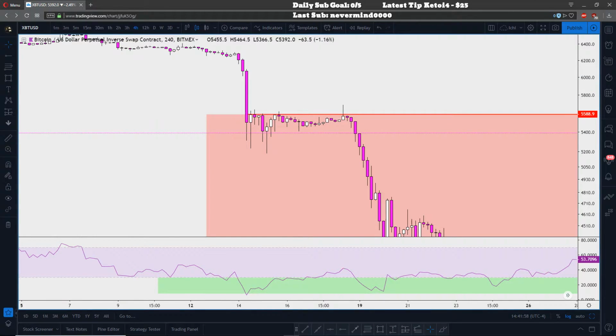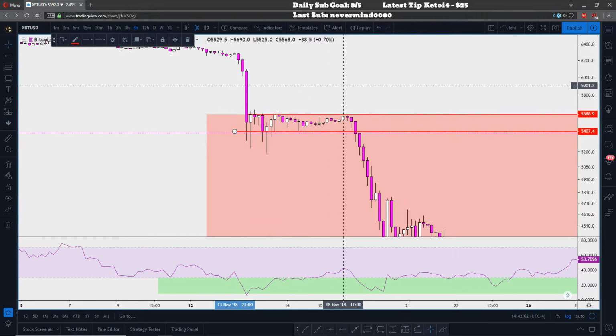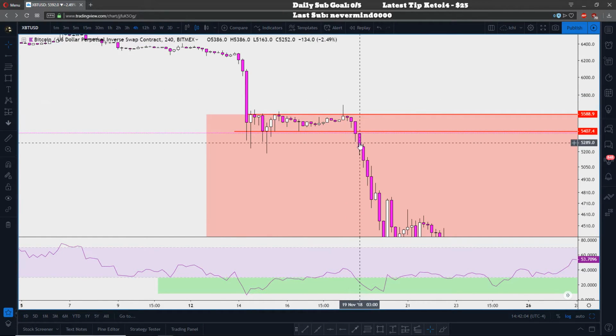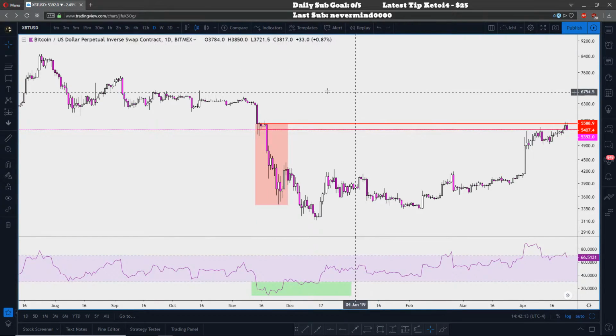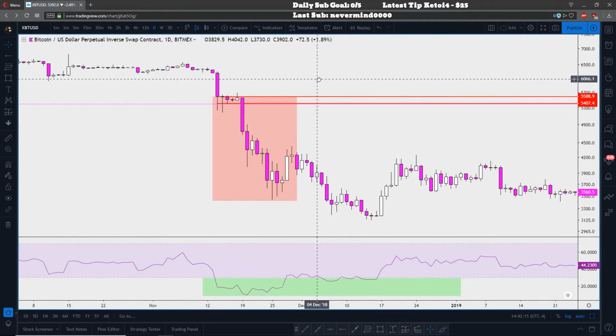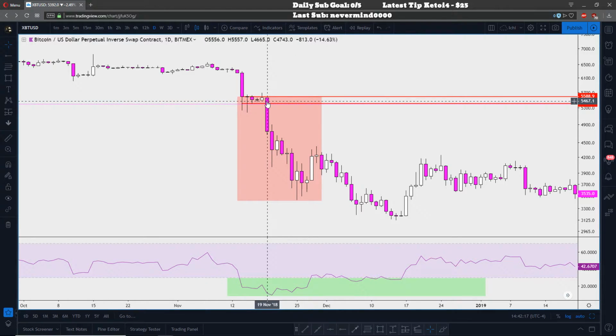You're more likely to break your support and continue downward, which you did. You broke your support, you closed below it, and you continued downward. Let's go back to a daily. Okay, so we continue downward here.